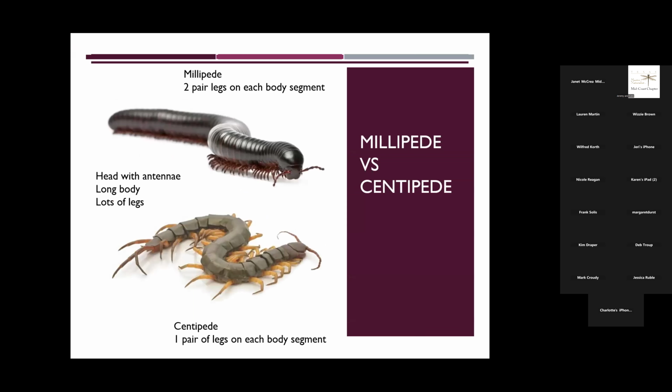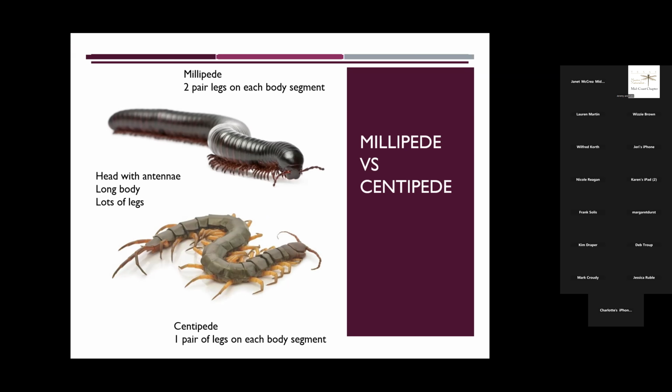We are going to start off talking about non-insects. I tried to include stuff you guys would either get questions on or that you would be coming into contact with when you're out and about looking at stuff. Our first ones are in the group myriapods. Myriapods are going to have a head that has a pair of antennae.